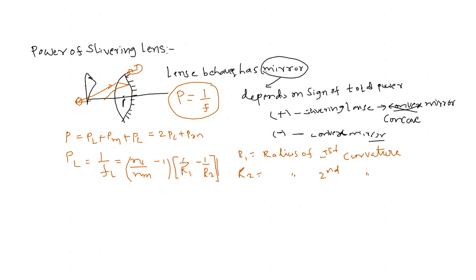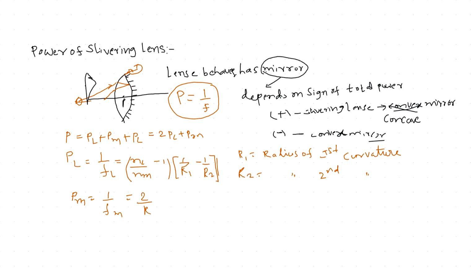Why do you have to consider the first and second curvature? For the sign convention, when you are doing the problem. So the power of the mirror is equal to 1 by focal length of the mirror, that equals 2 by R of the mirror, since R equals 2F. That's why R by 2 for the mirror.